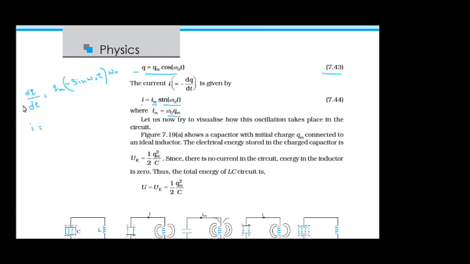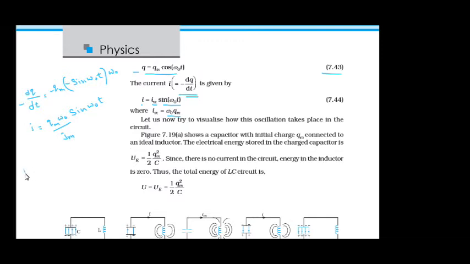So if we multiply both sides by minus, then minus dq by dt is equal to I, and minus minus gets plus. So qm omega naught sine omega naught t, where qm omega naught we can write as Im.